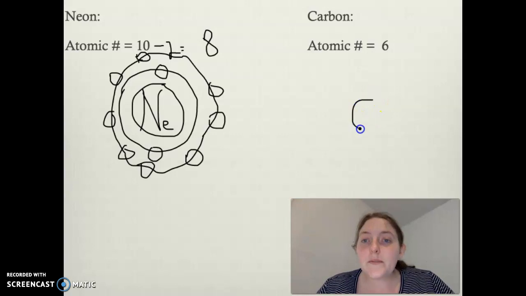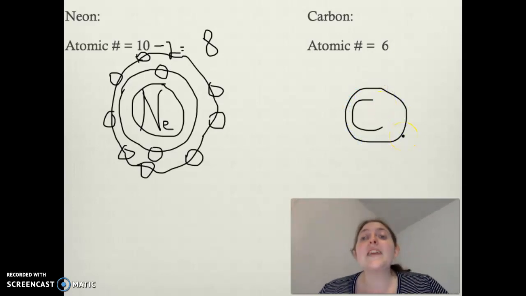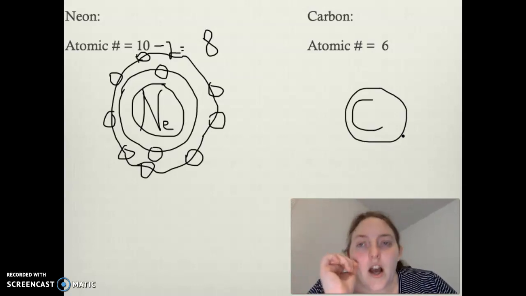So, carbon, which is represented by a C, here's my little nucleus, has an atomic number of 6. Now, as I stated, the atomic number represents the number of protons and electrons and potentially neutrons in a perfect world.